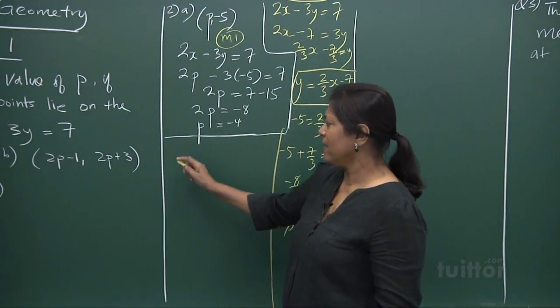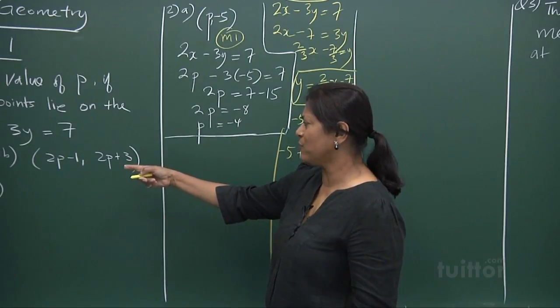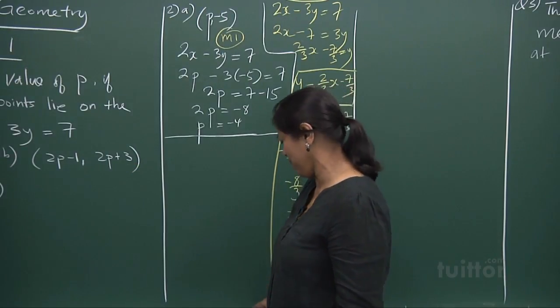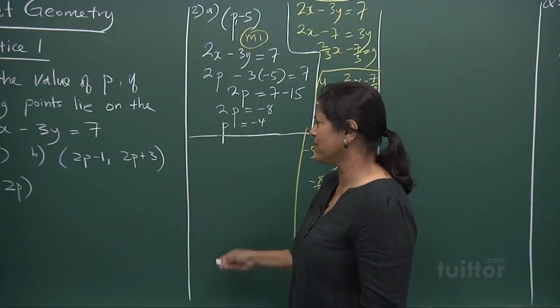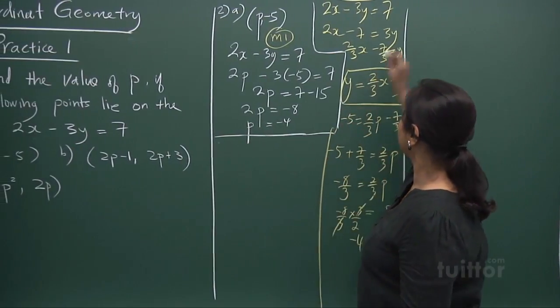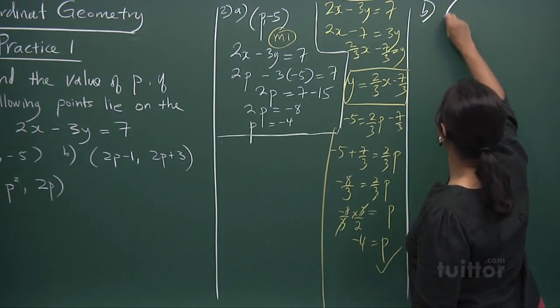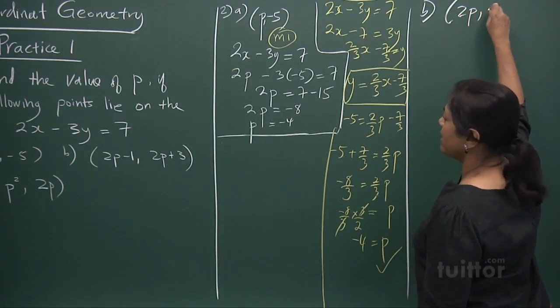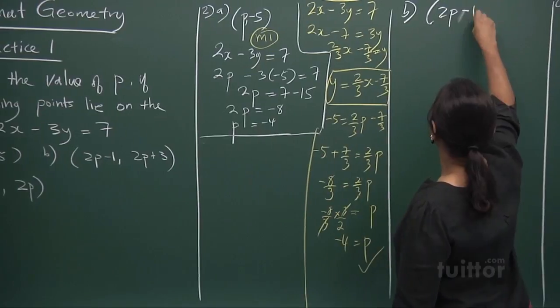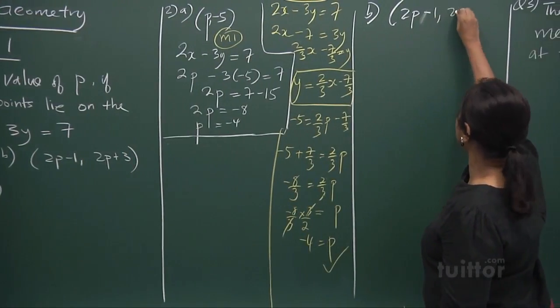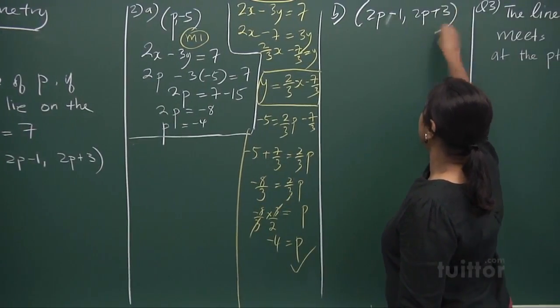Now let's look at the second part. What happens if your x is 2p minus 1? Now it looks a little bit challenging, doesn't it? So I write here, your x is 2p minus 1, and your y is 2p plus 3.